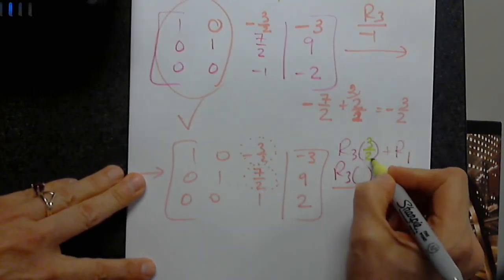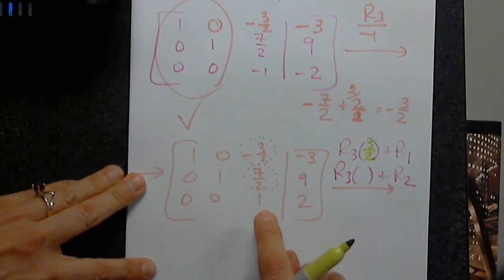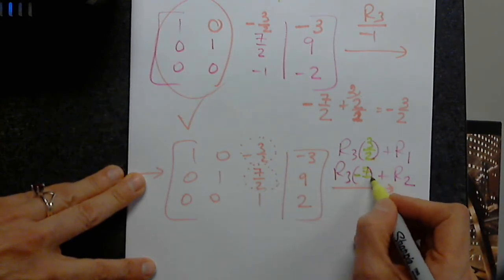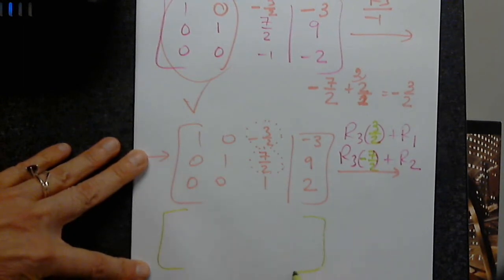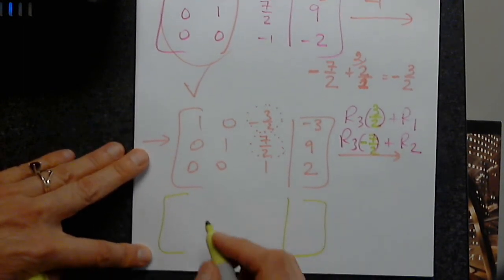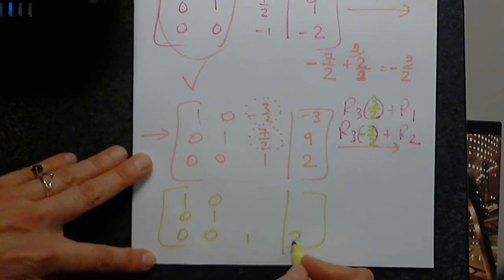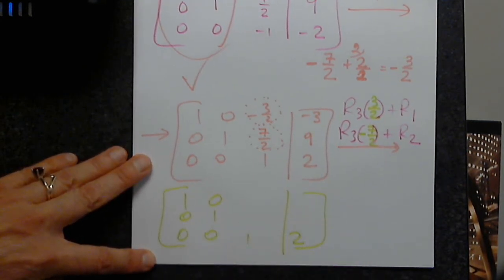Very good. What do I multiply 1 by to add it here and get a 0? Together, this is the last step. Of course, 1, 0, 0, 1, 0, 0 cannot be destroyed, and 1, 2 has to be copied.